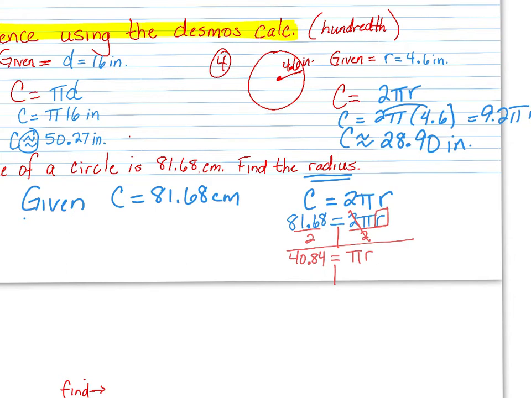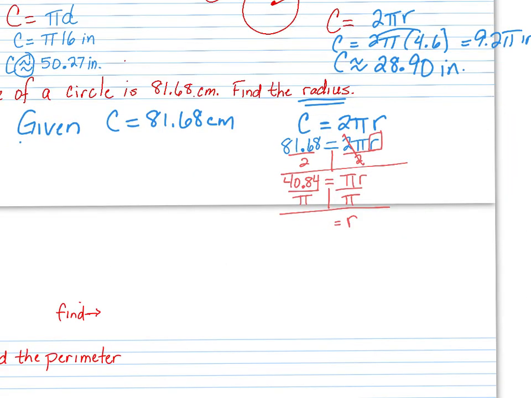Divide 40.84 by pi. Divide both sides by pi, right, Kai? Yep, so my radius is 13 centimeters. You guys are good at algebra, right? You plug into the formula, you solve for what they want you to solve for.